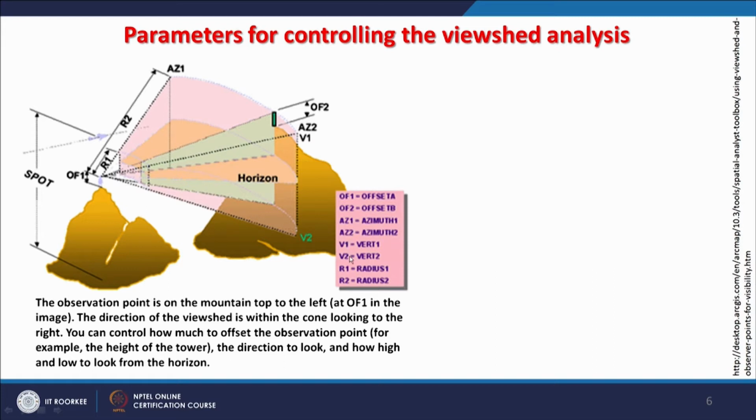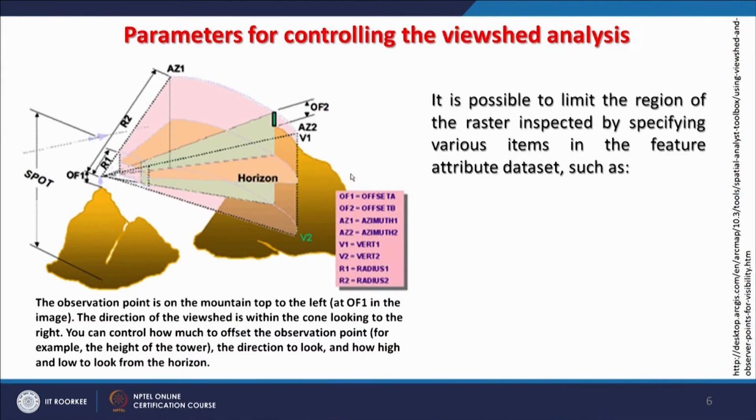Then I can also restrict the vertical angle, that is how far above the horizon it will look. So, that horizon is here. This vertical 1 and vertical 2 can also be incorporated, and then the radius, that is, the radius of the area which one would like to analyze. So, involving these kinds of inputs, one can determine a Viewshed as per requirement.